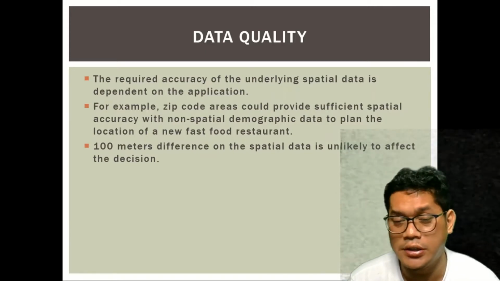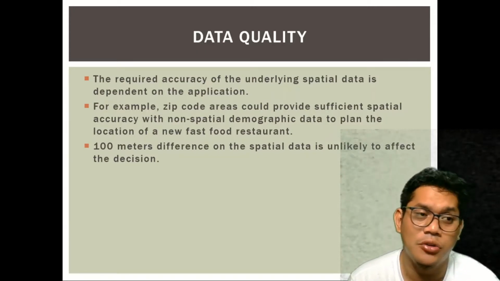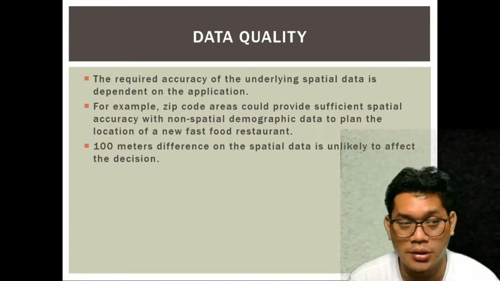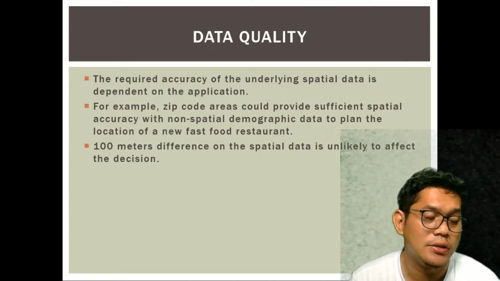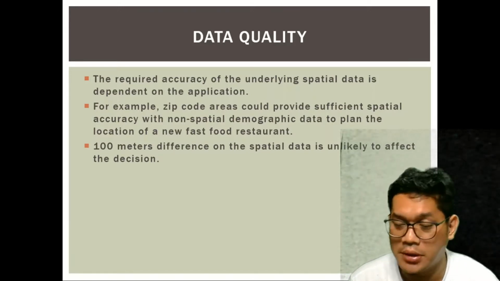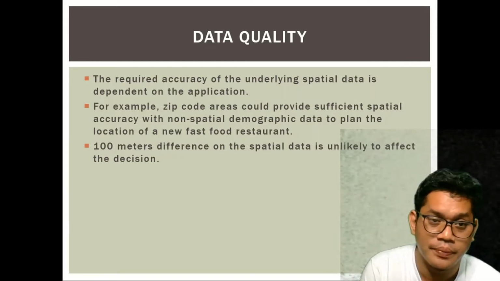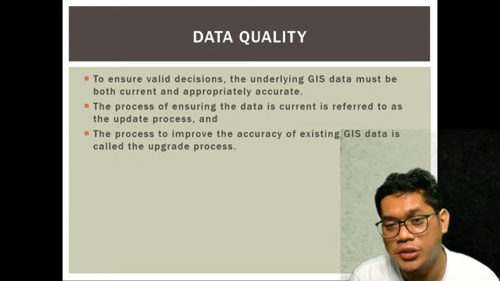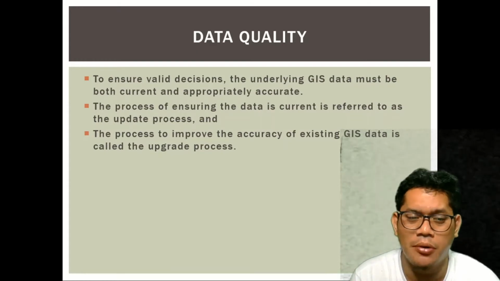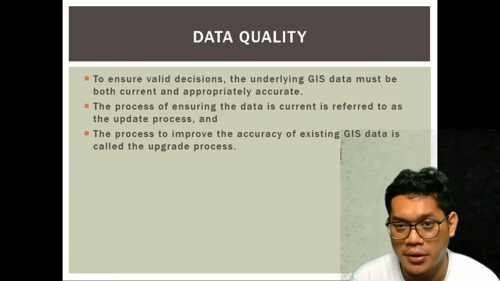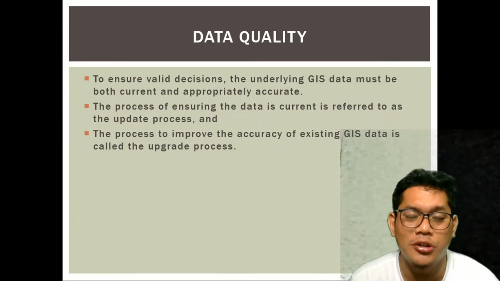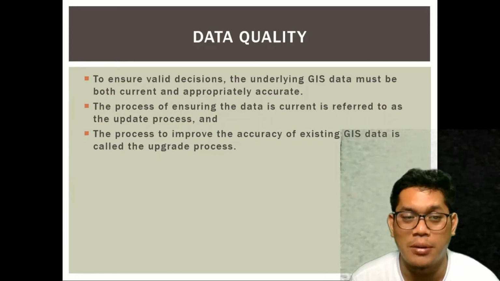The accuracy doesn't mean so much, but if you talk about crime, it's very important. The pandemic is very important. Drugs, too. It's very important to have accurate data. To ensure valid decisions, the underlying GIS data must be both current and appropriately accurate. But we have to tolerate in a certain way based on our applications.